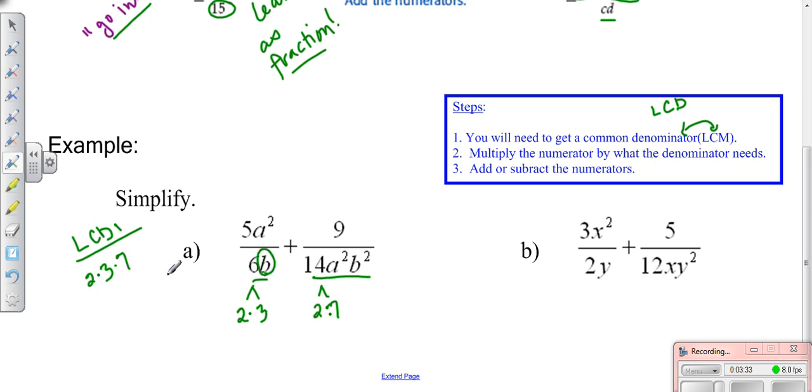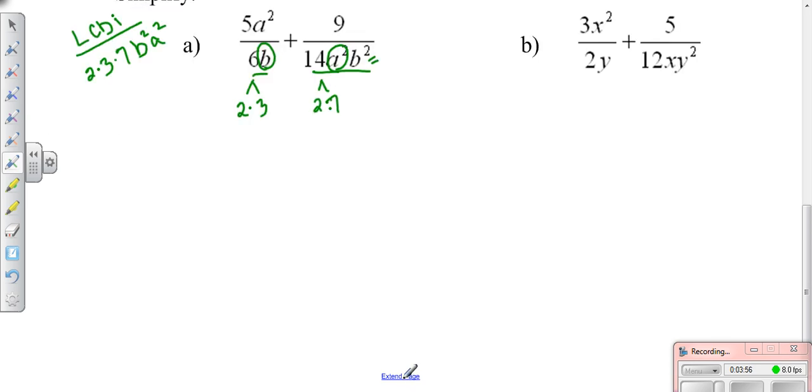I need a factor of b, so I'm going to multiply one in. I need two factors of a. Oh, I need two factors of b here, so I'm going to make sure I have 2. That is your least common denominator. So then, in order to make this work, I'm going to write my original problem here, 5a squared all over 6b.